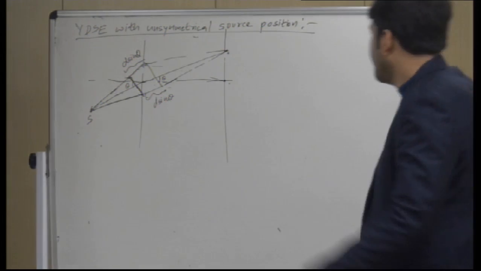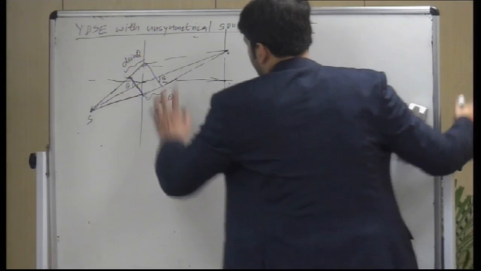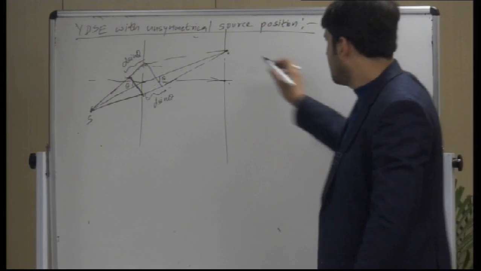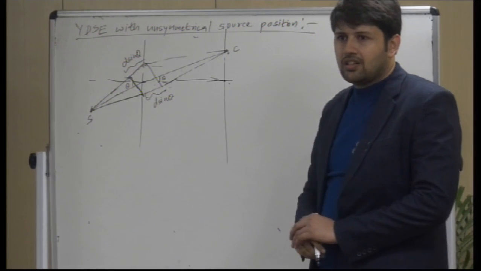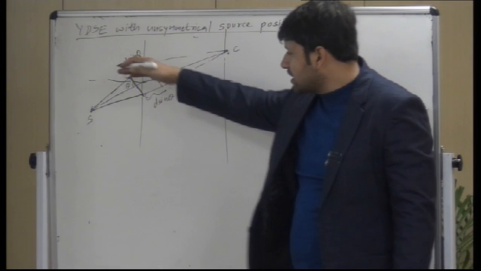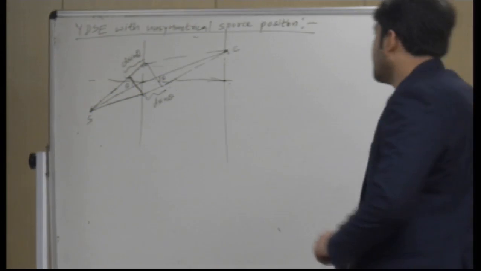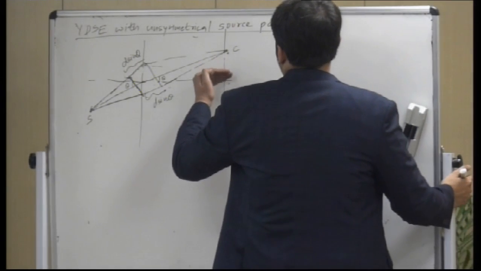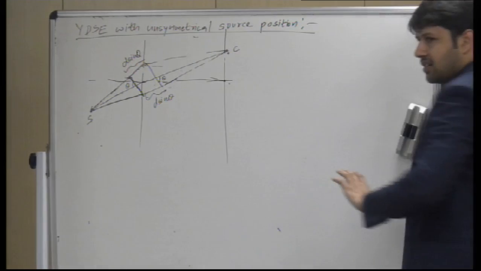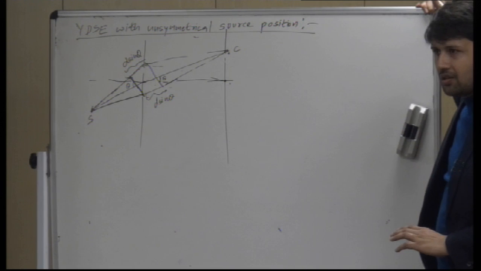So when the angle on both sides is equal, the central fringe is formed here. I mean, if I shift the source down through an angle of 30 degrees, the central bright fringe will shift 30 degrees above. Okay.